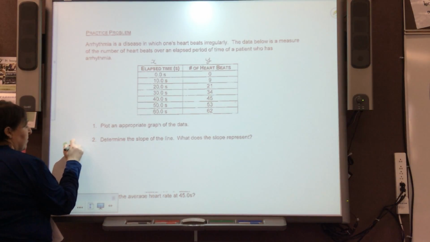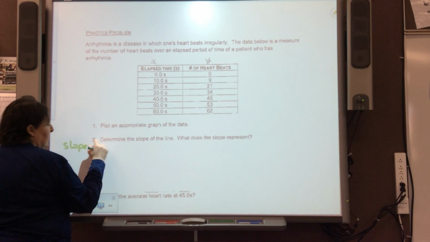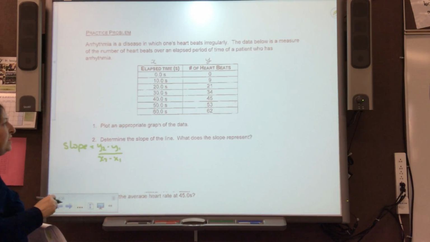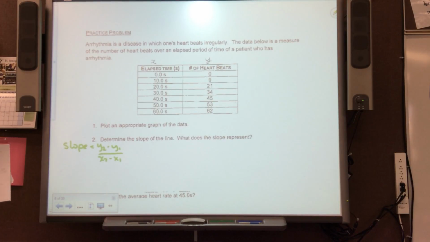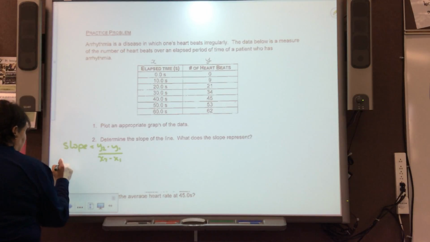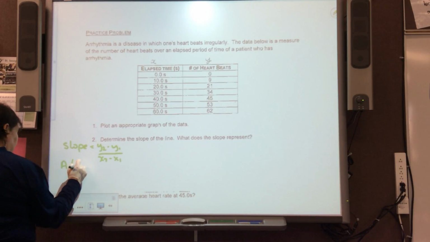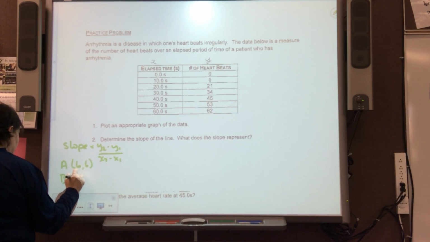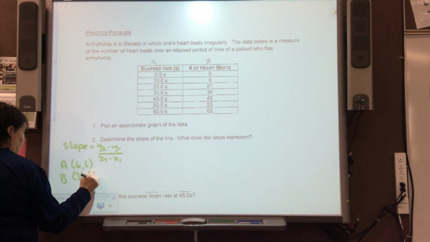So slope equals y2 minus y1 over x2 minus x1. And you can pull whatever data points you want, but make sure they're inside. The example in your note packet is not the best example, like I said. But they picked data point A as being 6 and 6, and data point B as being 36 and 38.